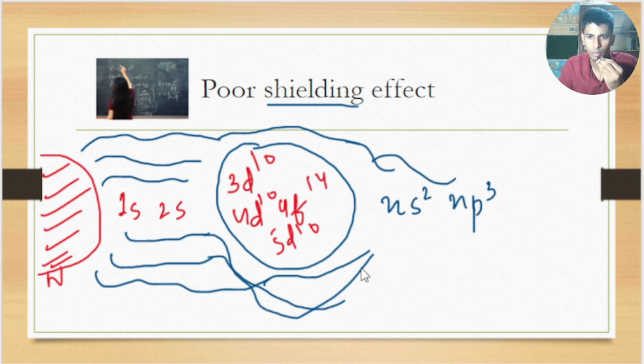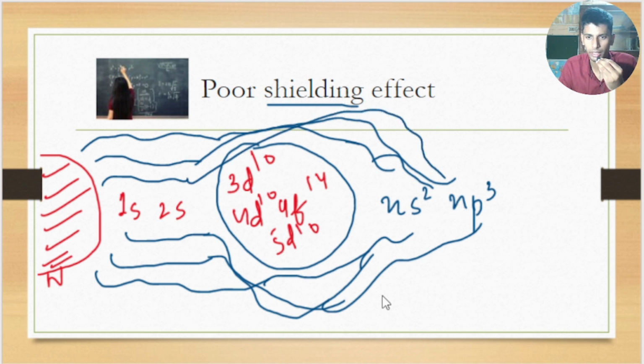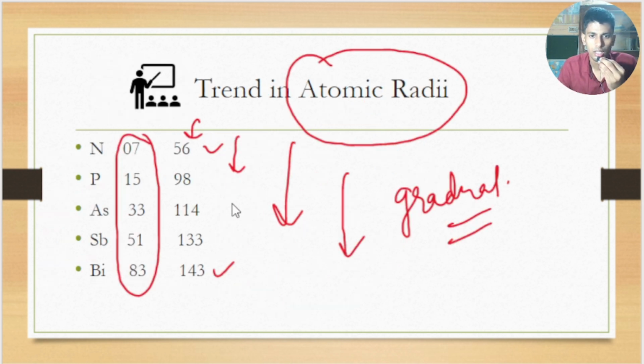So these orbitals ns2 and np3 get strongly bound to the nucleus, and we know that when these electrons are strongly bound to the nucleus, the size of the atom shrinks. Hence you can see here clearly that although the size is increasing from 133 to 143, it is not increasing as much as the atomic number is increasing. The increase has become gradual, it has become slow.